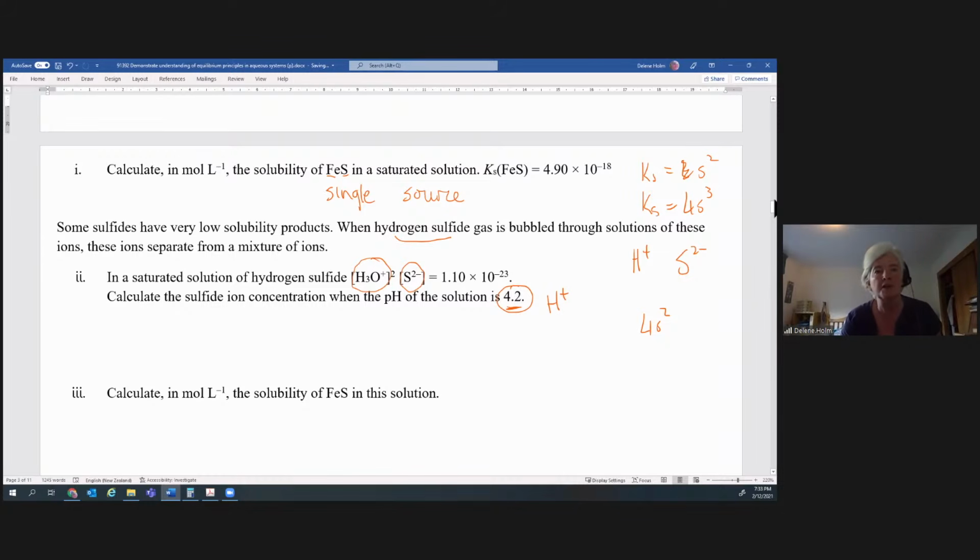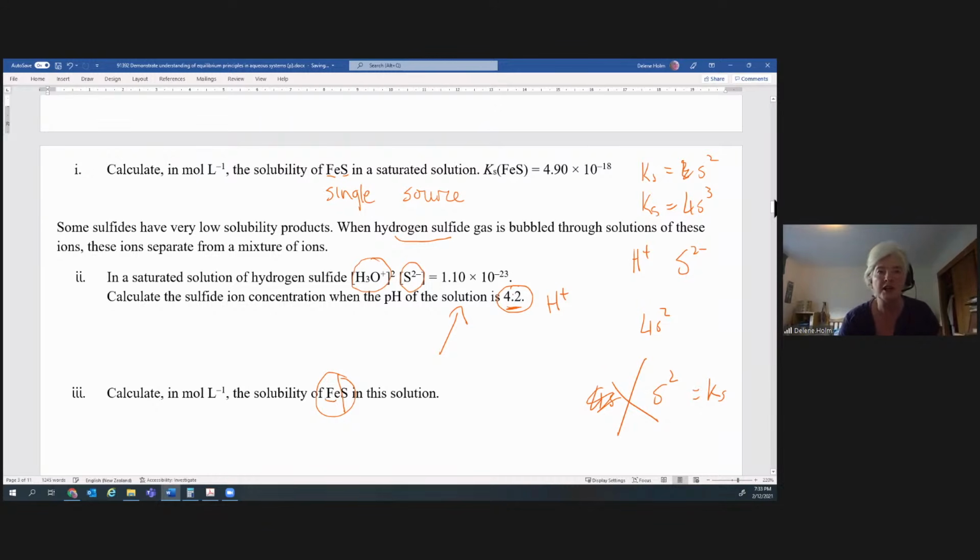And again, over here, it says those are my Fe and S ions, but because it's in this solution with a change in pH, again, I cannot use the S squared equals Ks. I cannot do that because my Fe and my S don't just come from iron sulfide.